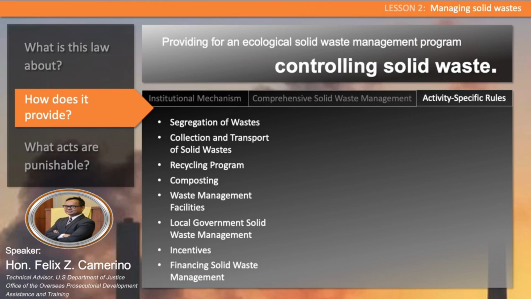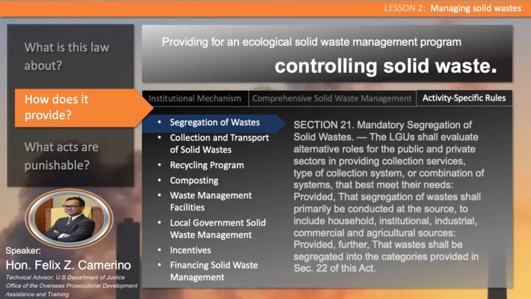Let's start with the first one, segregation of waste. The law provides under section 21 that there is a need, and this is of course referring to the segregation of solid waste. Okay, the law specified that the LGUs are mandated.